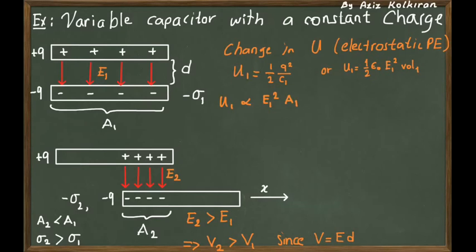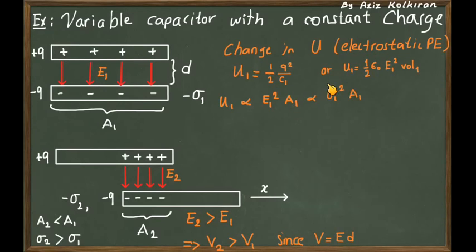Alright, so we can say that in the first case, if the electrostatic potential energy is U1, then U1 is proportional to E1 squared times A1, because in fact the volume is A1 times D, but since D is not changing in both cases, just omit this D, and we can express this proportionality concerning just E1 and the area A1, because these are changing.